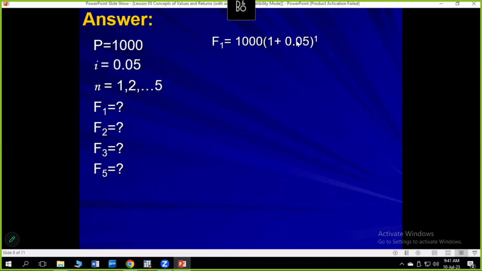The basic formula is there, so you can take that basic formula.